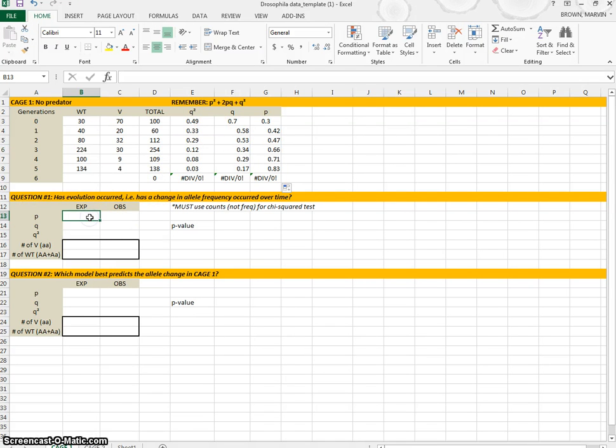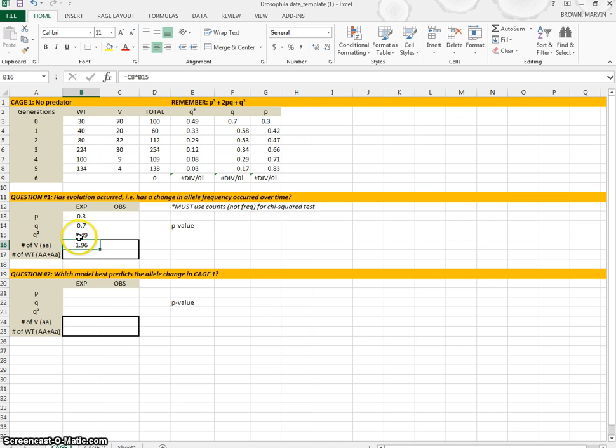Since we started out with an initial P frequency of 0.3 and initial Q of 0.7, that's what we should end with, right? Remember, it doesn't matter about the number of flies. So Q squared is, remember we just do that, click on Q squared and up and to the second.